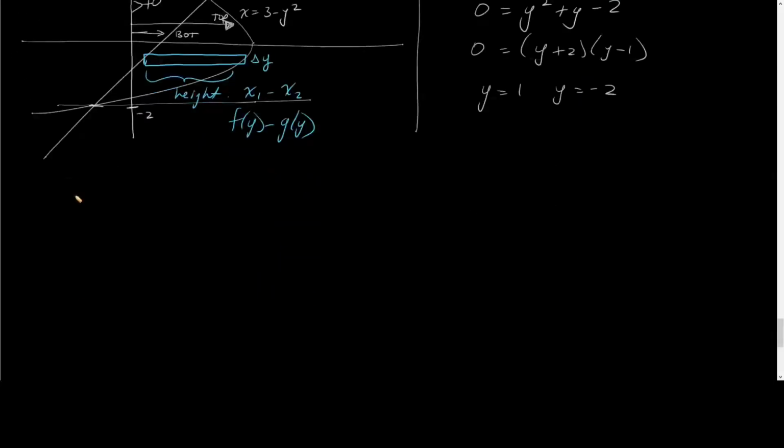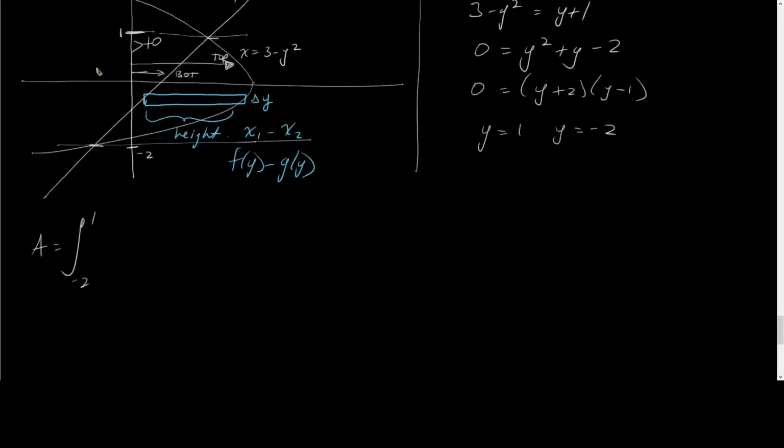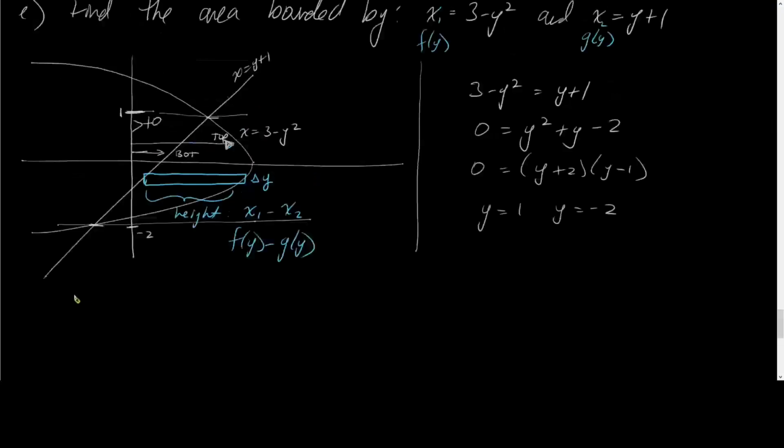So now we can do our integral. Then the area is going to be the integral from negative 2 to 1 of the top function minus the bottom function. Oh, let's test that out before we actually do this integral. So by that I mean, in here we already know the visual, right? But what if we didn't have the visual? How would we know? Well, let's test out. Between 1 and negative 2, something that we can test out is the value of 0.